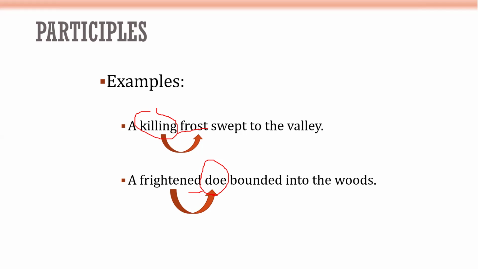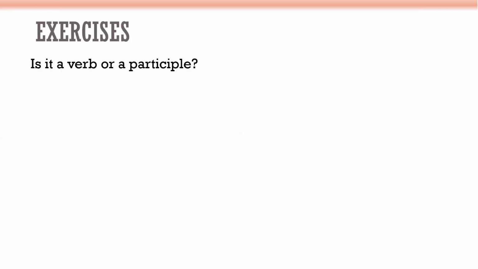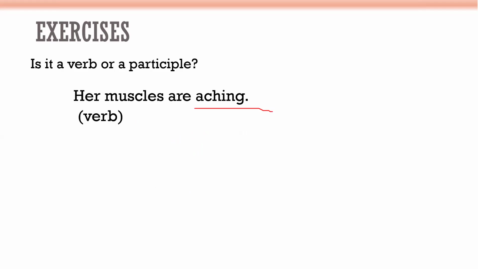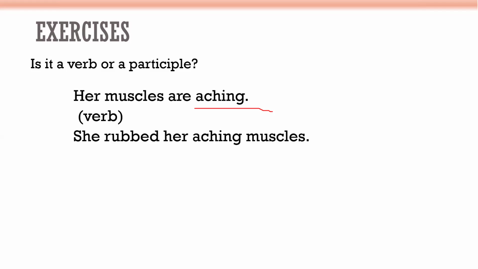Okay, let's have more exercises. Okay, her muscles are aching. Is it a verb or a participle? The word aching. Yes, you're right. Next sentence. She rubbed her aching muscles. Participle.